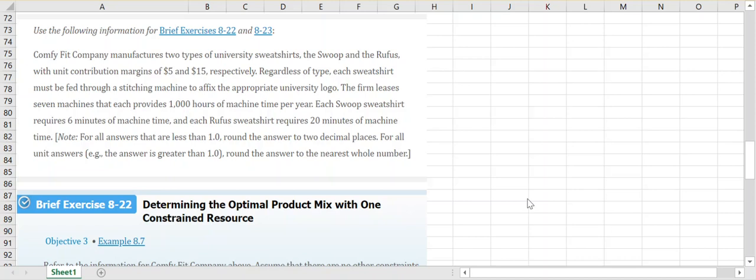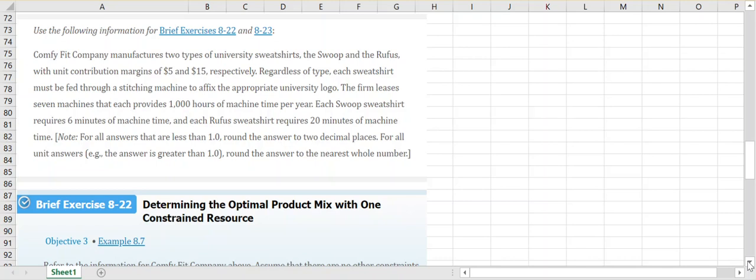The firm leases 7 machines that each produce 1,000 hours of machine time per year. Each Swoop sweatshirt requires 6 minutes of machine time, and each Rufus sweatshirt requires 20 minutes of machine time. And they tell us how to round our answers. So in this case, we have a constrained resource.